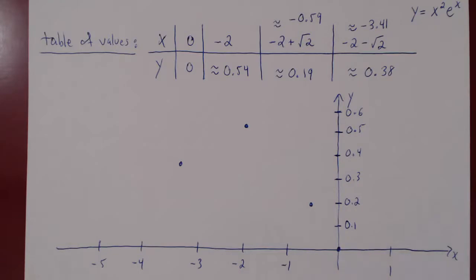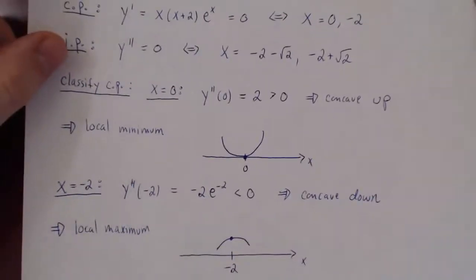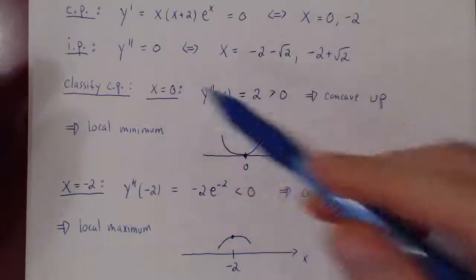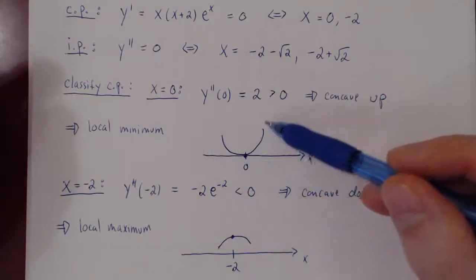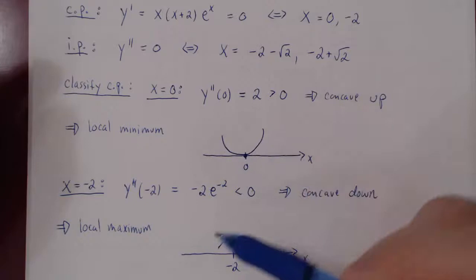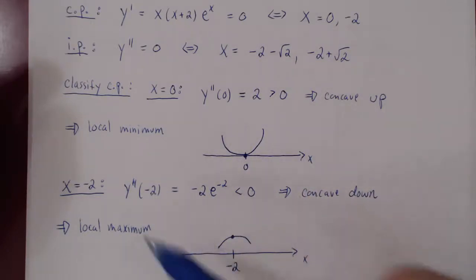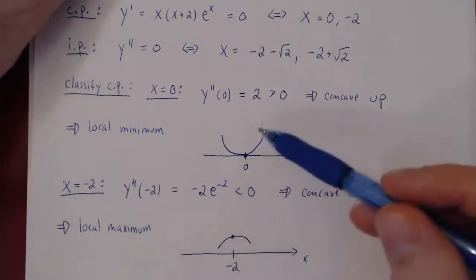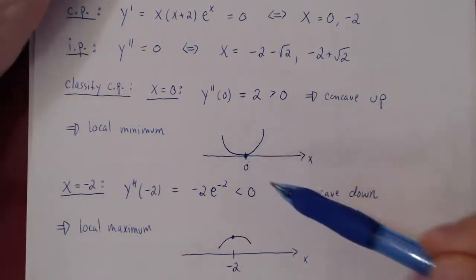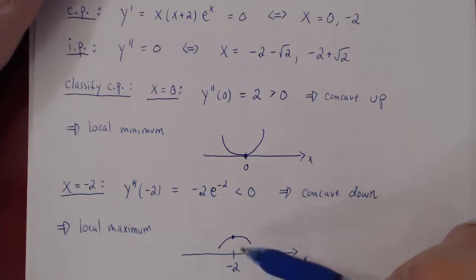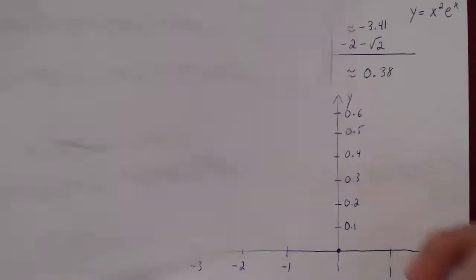Now, as always, we first look locally around each critical point and complete the graph. If you go back to our classification, we knew around x equals 0, the graph looks like this. It was a local minimum. And around x equals negative 2, the graph looks like this because we had a local maximum. So let's glue this part onto the point x equals 0 of our graph, and this part onto the point x equals -2 of our graph.